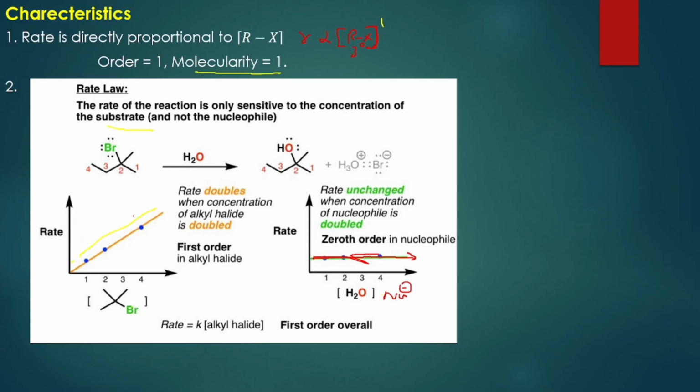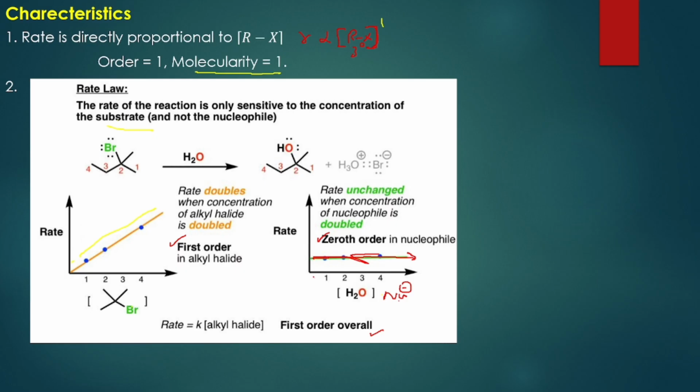So the conclusion is, with respect to reactant molecule, it is a first order reaction. With respect to nucleophile, it is a zero order reaction. Clear? Then overall the reaction is first order. Very good, important point. They may ask what is the overall order of reaction of SN1, anyone can tell.